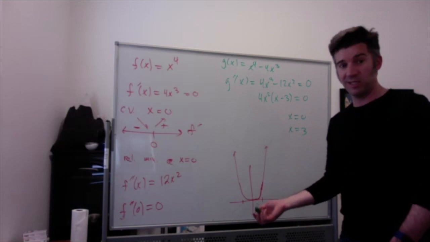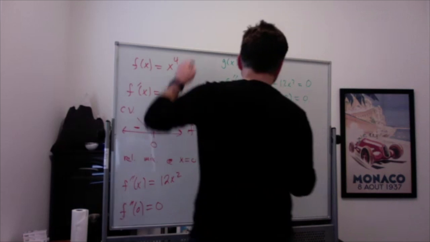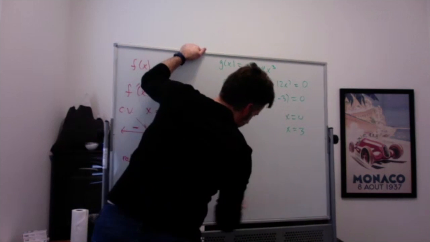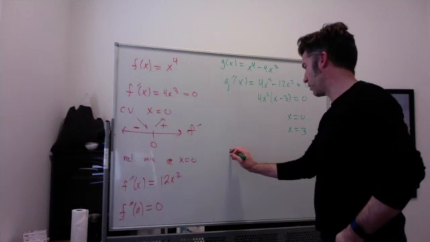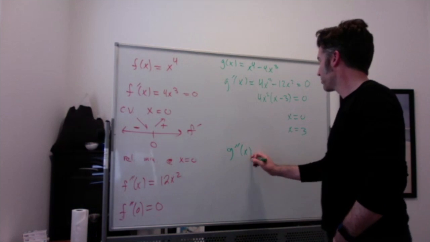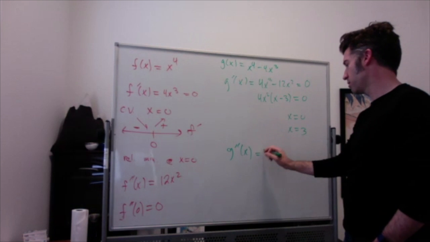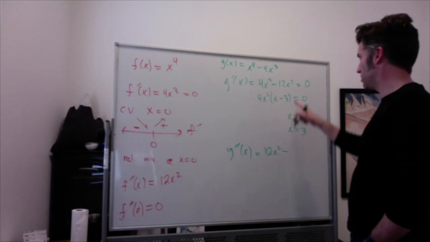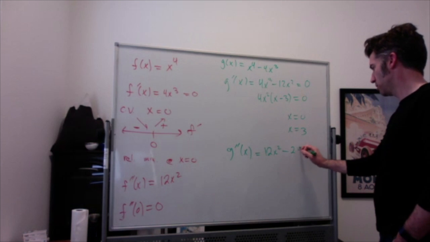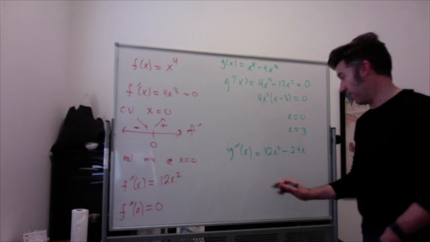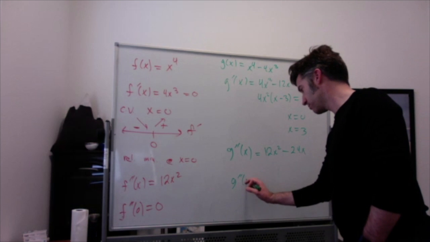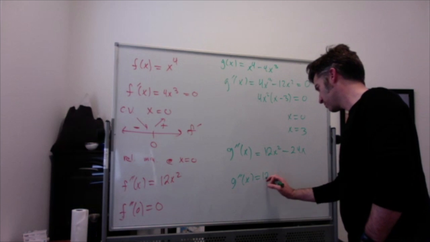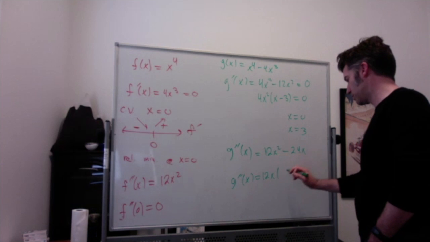I'm going to jump straight to the second derivative. So my second derivative here is going to be 12x squared minus 24x. And I'm going to factor out the 12x times x minus 2.